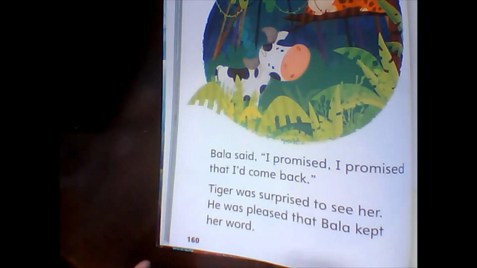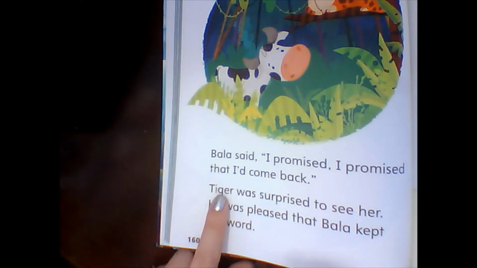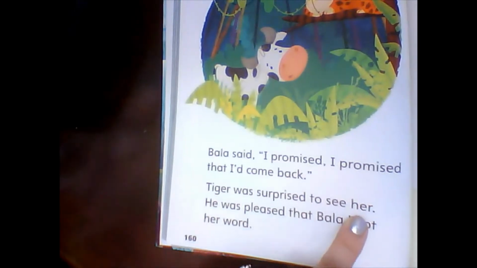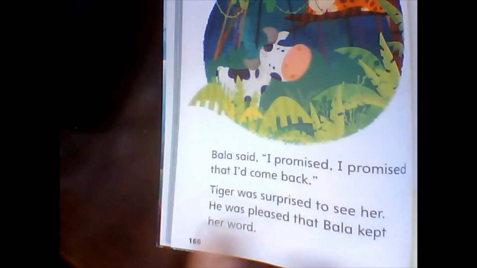So, what happens when Bala comes back? What did the tiger do? Was the tiger surprised to see her? Was he not expecting her to come back? He was surprised. Look here. Tiger was surprised to see her. This is the main event that happens.